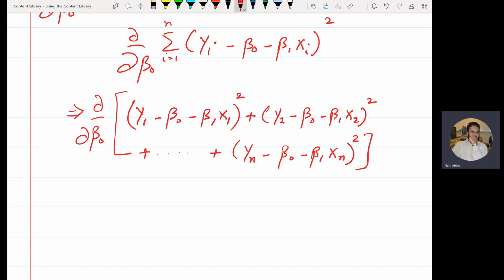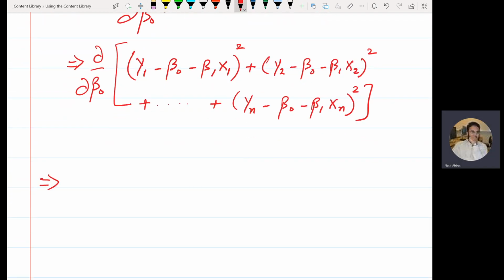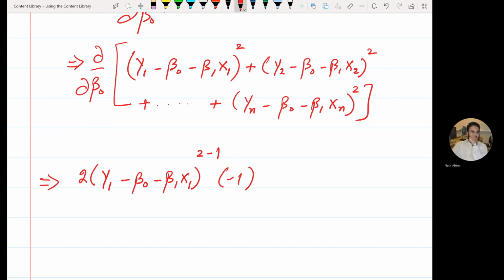Now apply the derivative separately on each of these terms with respect to beta naught. What will happen? There is a function of beta naught here, true? So for a function of x, when you differentiate it, it is 2 times the function of x times the derivative of the function. So it will be 2 times y1 minus beta naught minus beta 1 x1 to the power 2 minus 1, times the derivative of the base. What is that? Minus 1. Only the first term.